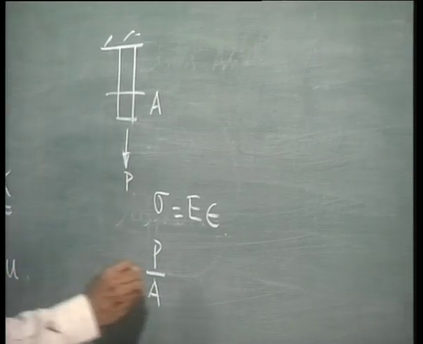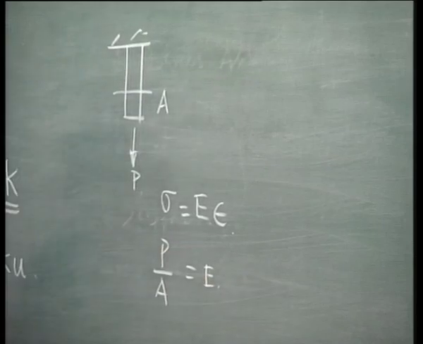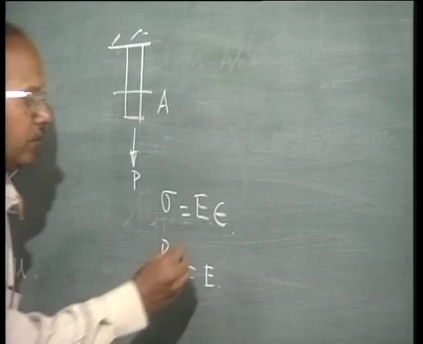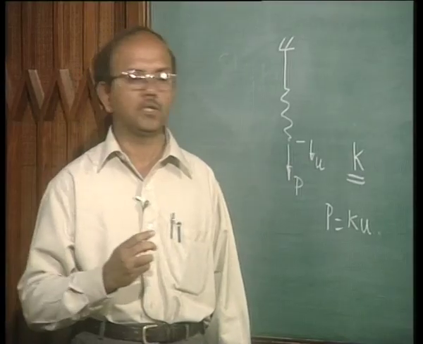Okay, so P by A is equal to E into change in length. What is change in length in this case? As far as the strain is concerned, what is change in length by original length? Okay, that is how you would have defined.